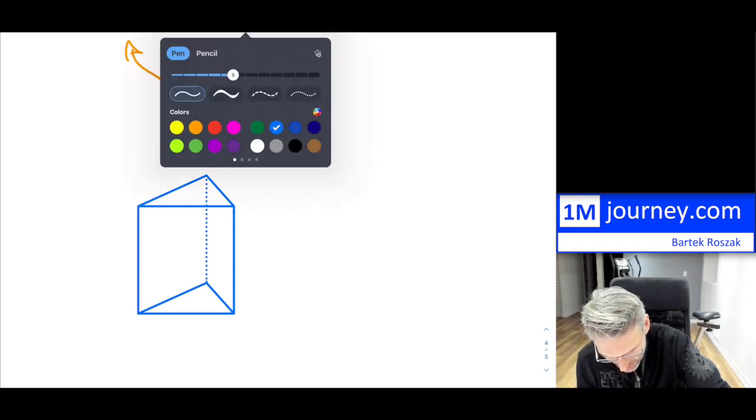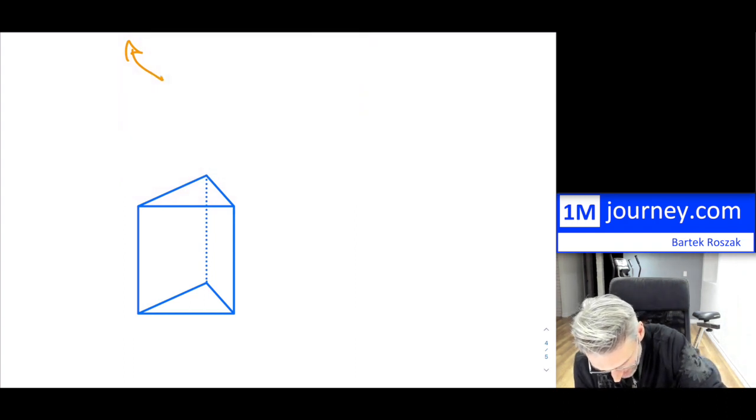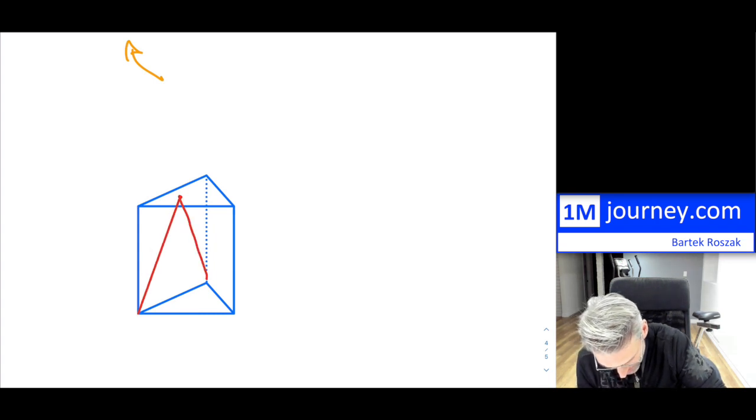So let me just draw it within there. Let's say my apex was somewhere over here, which means now I would have to draw this, and my pyramid would have been something like this. It would have been definitely different looking than the one that I had.